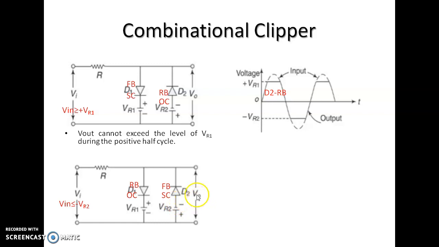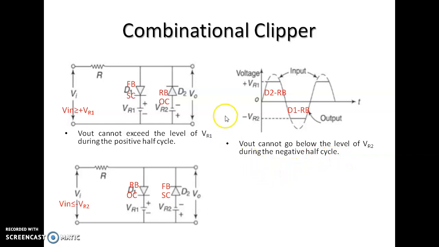So if we are measuring the voltage across this, our Vout will be equal to VR2. So for the input which is lesser than VR2, the output remains at the level of VR2. For the remaining portions, the output follows the input. Vout cannot go below the level of VR2 during the negative half cycles.